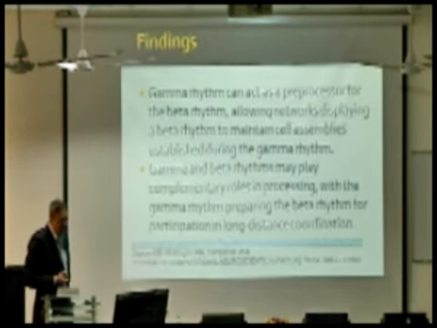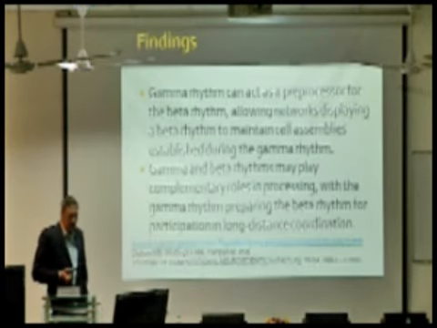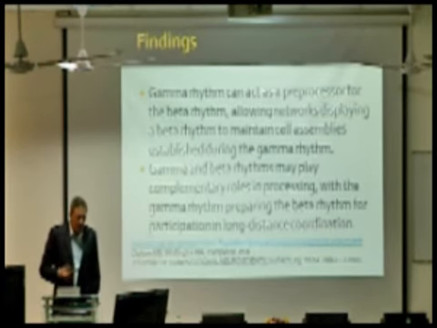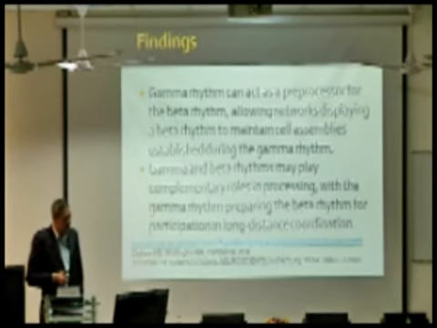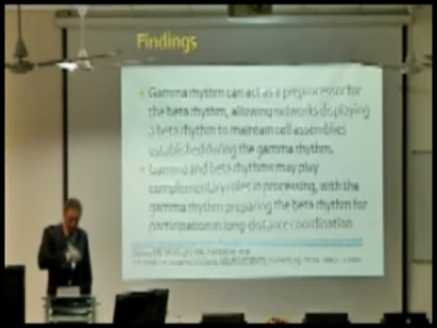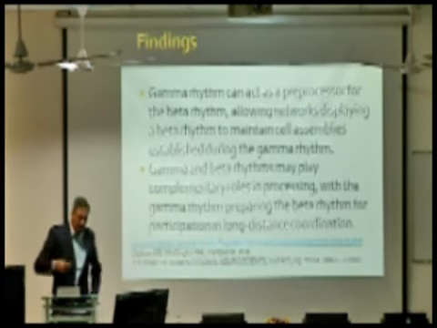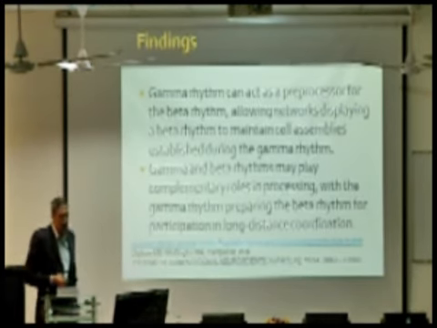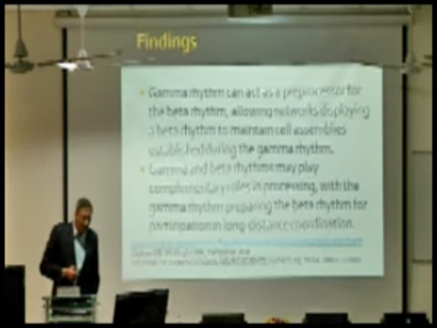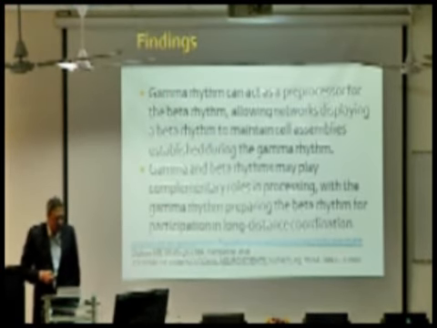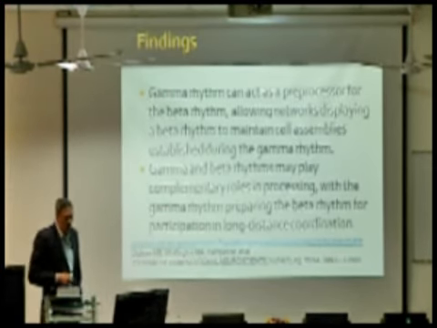Gamma rhythms have also been found to act as preprocessors for beta rhythm, allowing networks displaying a beta rhythm to maintain cell assemblies. Cell assemblies are distant connectivities which are all representing the same object established during gamma rhythm.